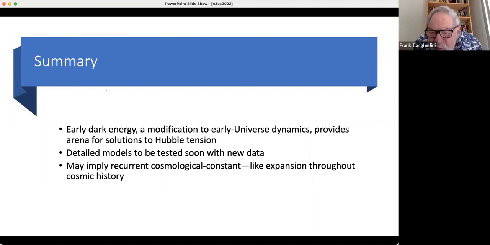And then there is another problem with the high value, namely the age of the universe. As Reese has pointed out, you come out with a younger universe, younger than 13.8, and it turns out it's around 12.7. You're in tension now with the age of the oldest stars in the Milky Way galaxy.